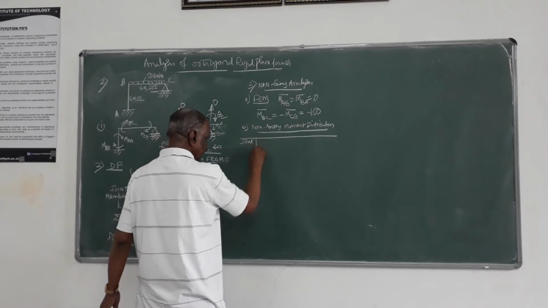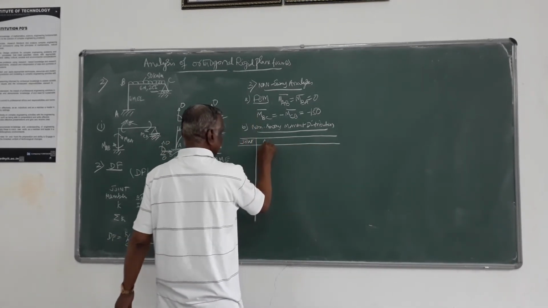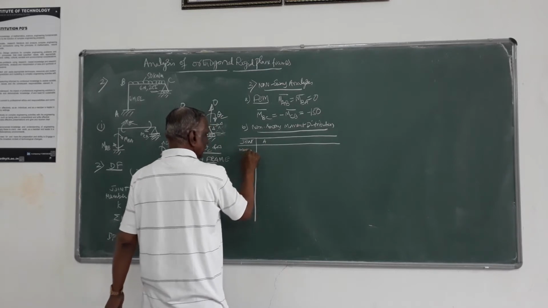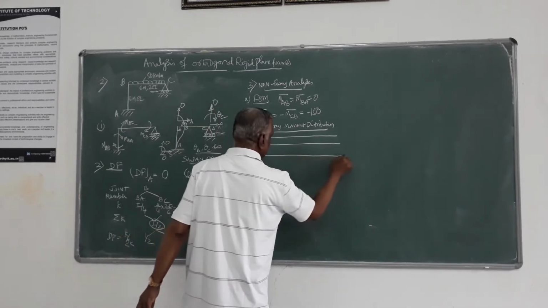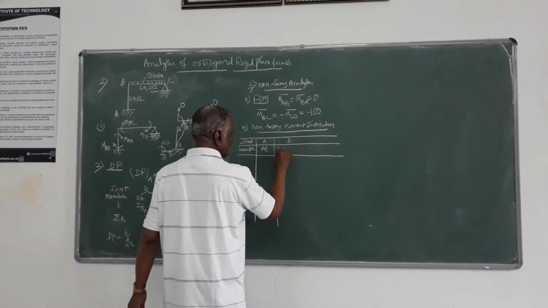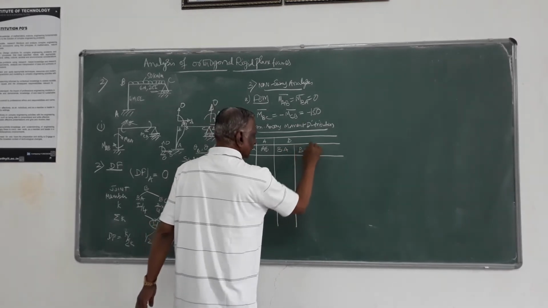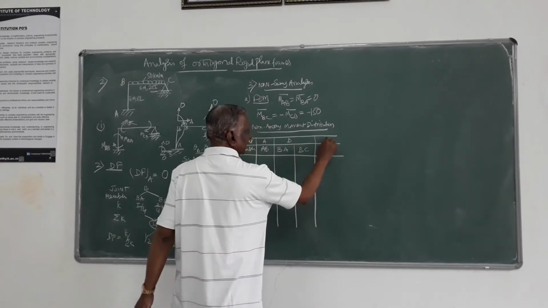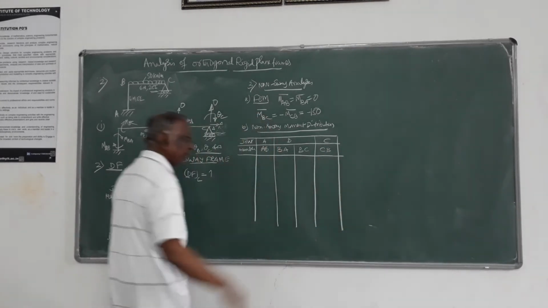Joint A, member AB, then joint B, there are two members BA, BC, then joint C, there is only one member CB.